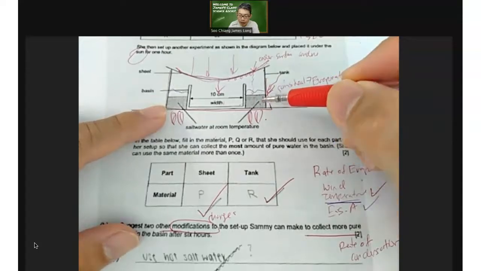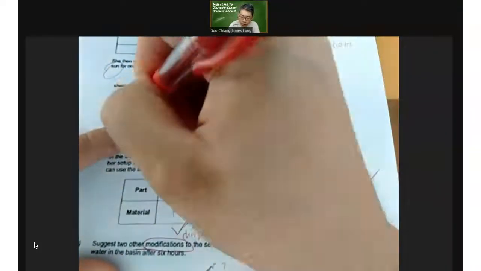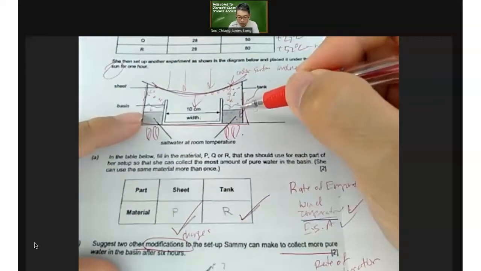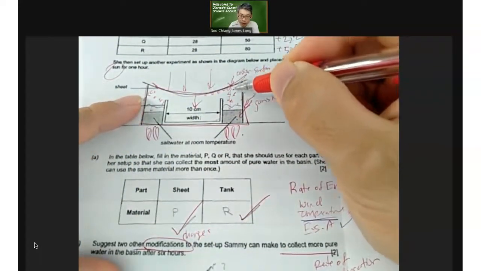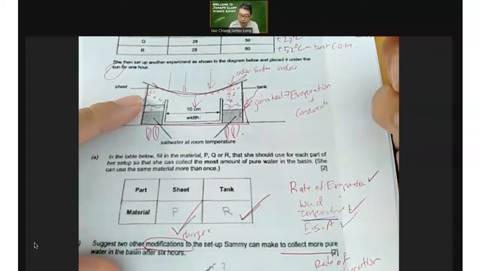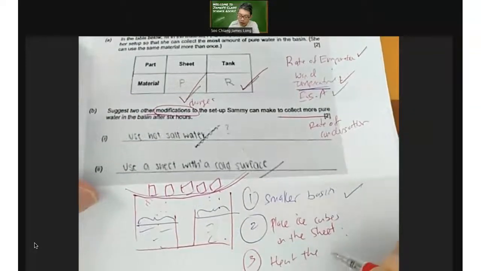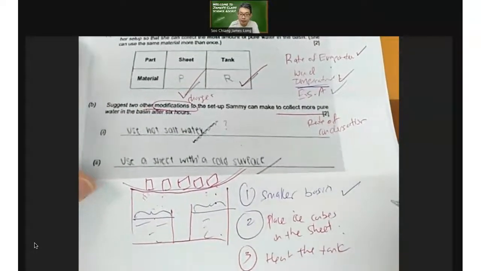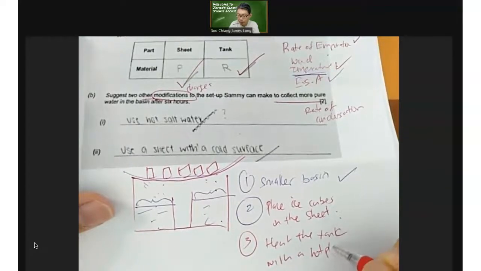If I increase the rate of evaporation, there will be more water vapor in the same amount of time that can rise up, and therefore more water vapor can touch the cooler surface and more water vapor can condense. So I can also do that. I can heat the tank with a hot plate, for example.